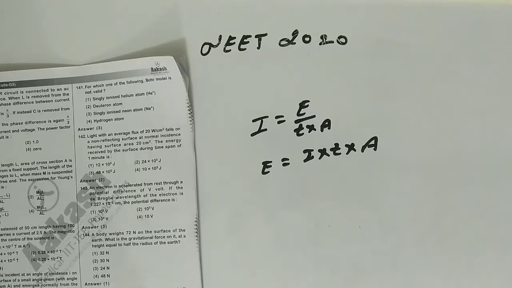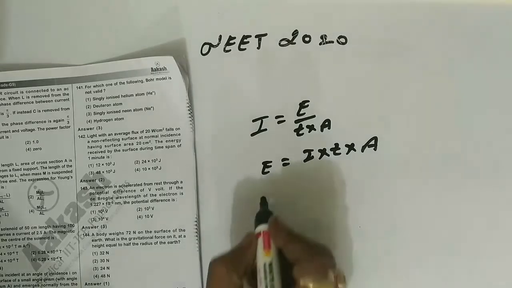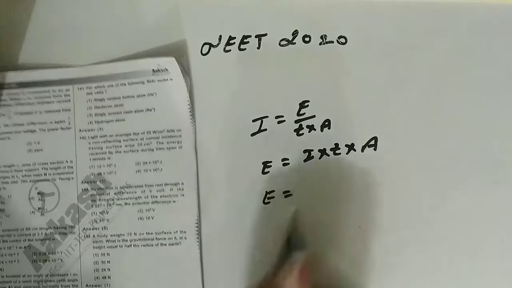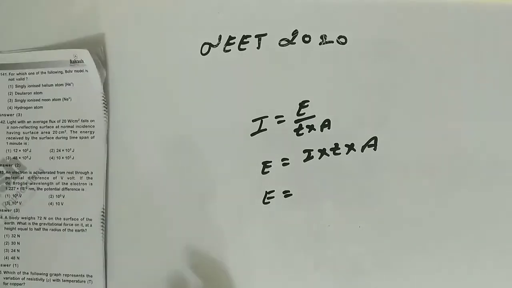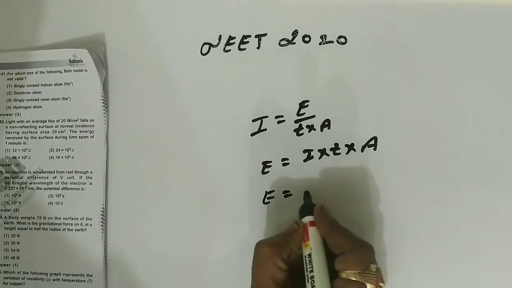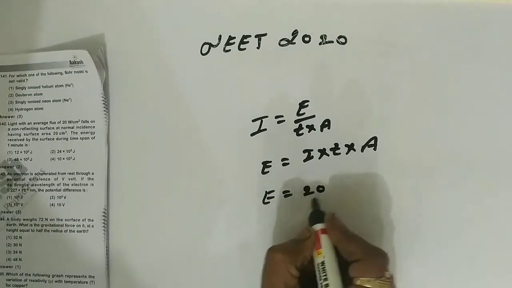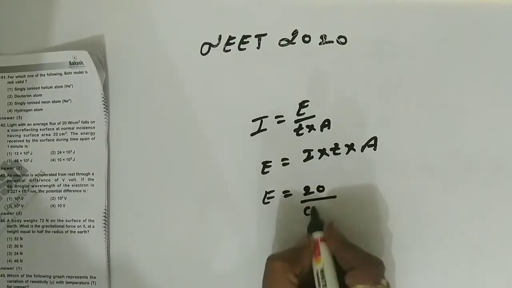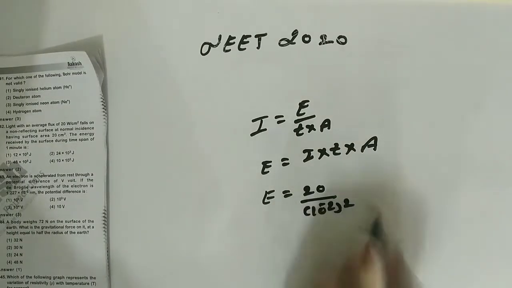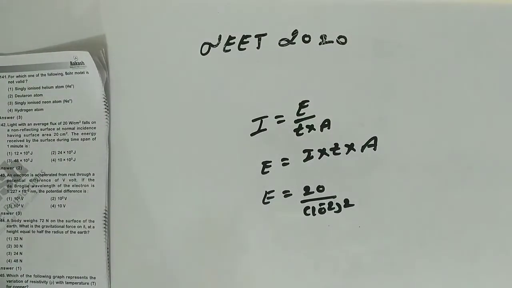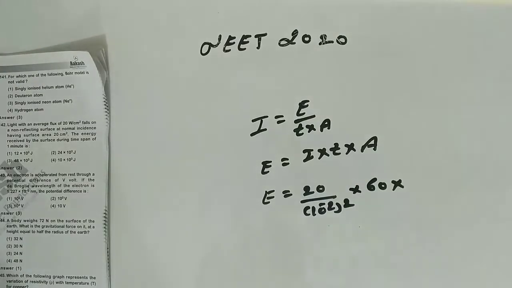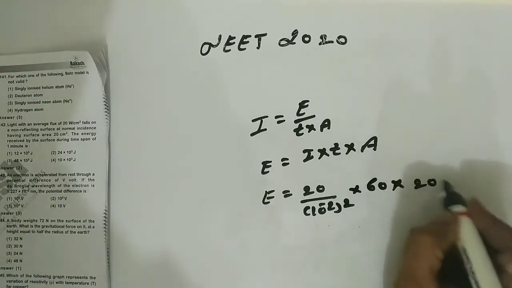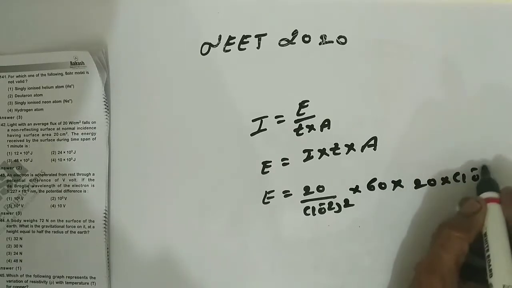Let me go for the substitution of the values. The energy E equals, what is the intensity as given? The intensity is 20 watt per centimeter square. What is the time? 1 minute, which is nothing but 60 seconds. What is the area? 20 centimeter square, that is 20 into 10 to the power of minus 2 whole square.